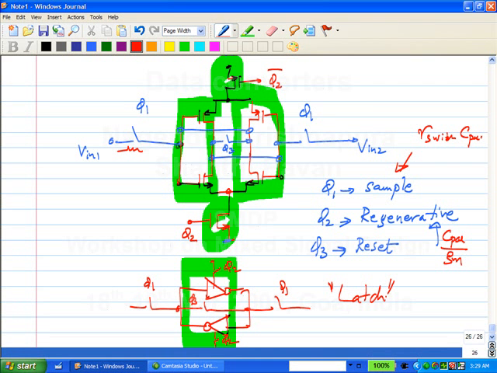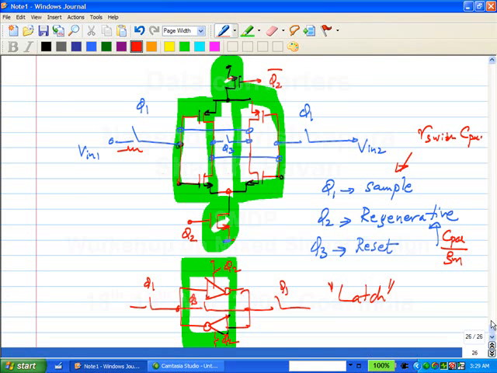So I'll cover that going forward. Okay, but this is the basic idea behind how you get a latch, and clearly there is not just one way of designing the voltage controlled current source. Okay, differential pair is just one of them, one way of doing it, right?